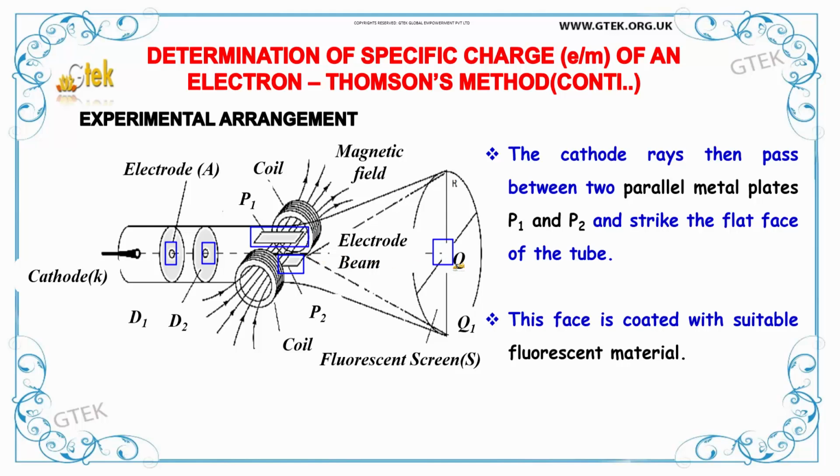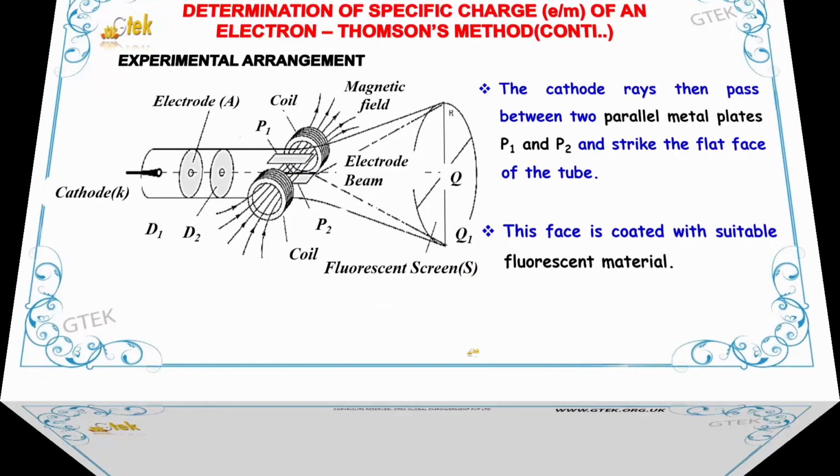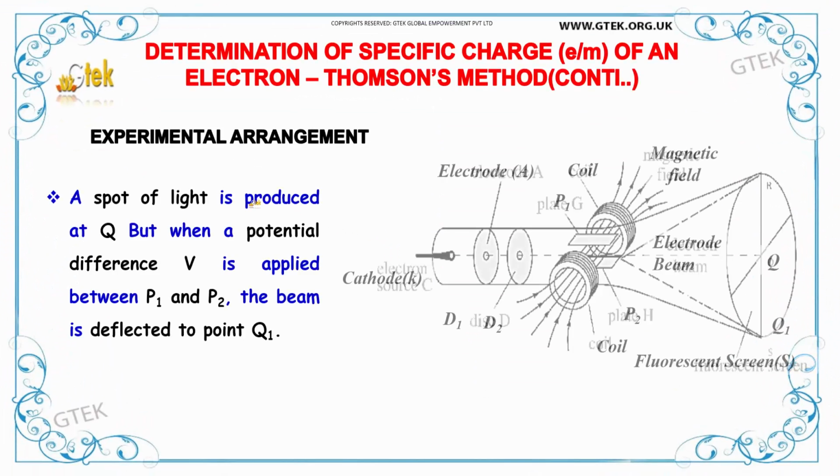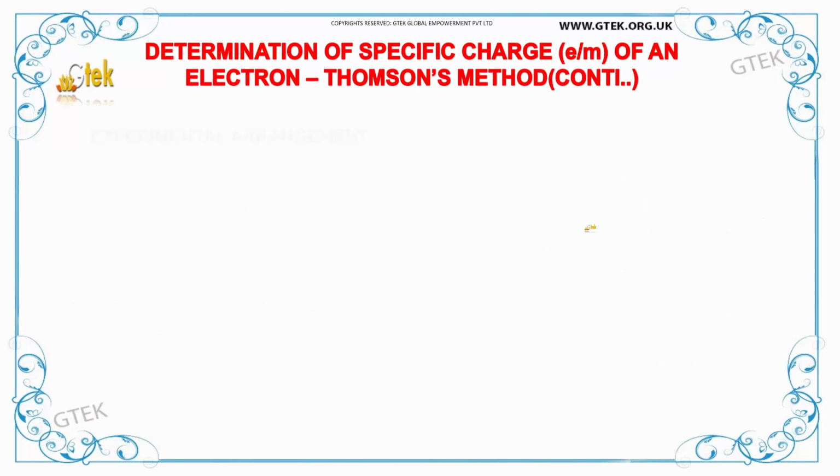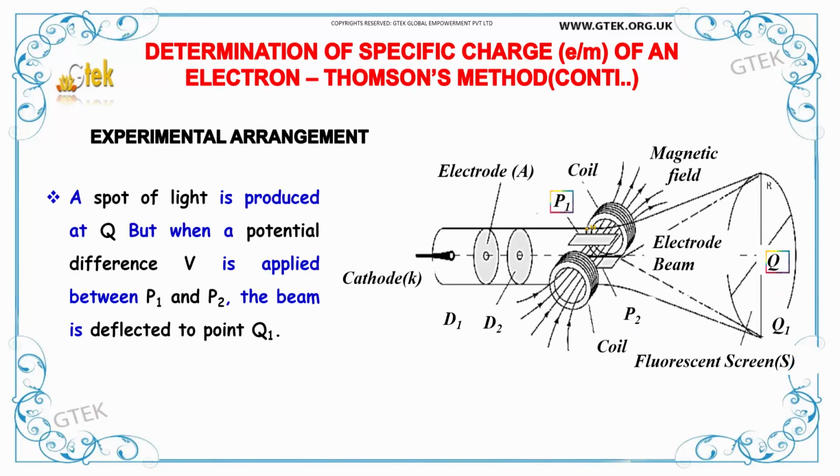The flat surface or face is coated with fluorescent material. A spot of light is produced here at Q, but when a potential difference V is applied between P1 and P2, the beam is deflected to point Q1. So this is how the arrangements are formed.